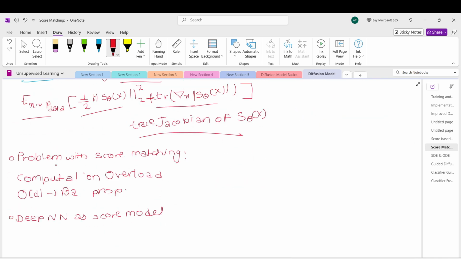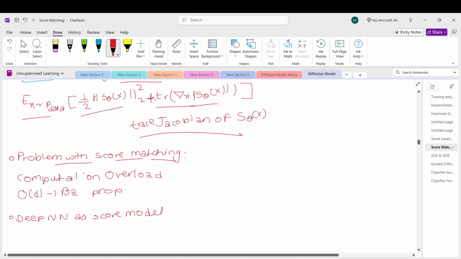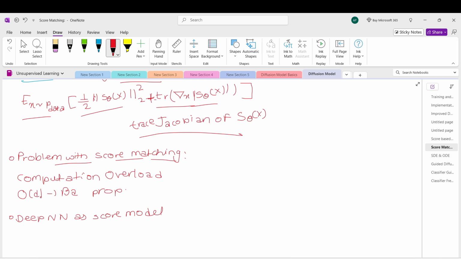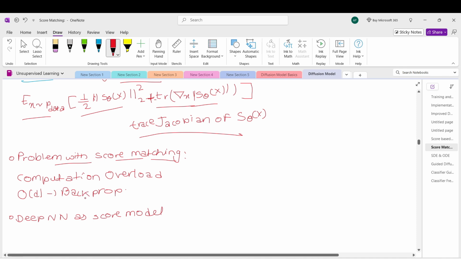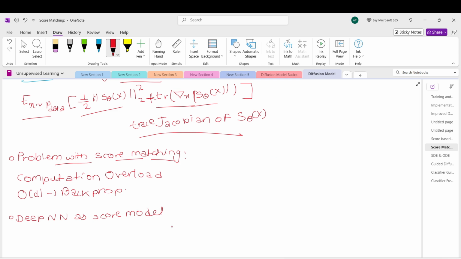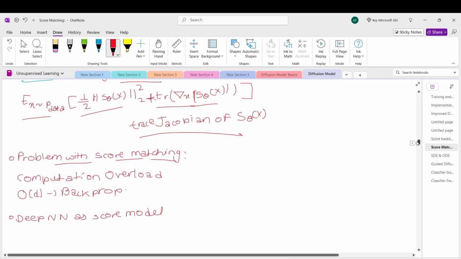The problem with this approach is that it is computationally overloaded, because as the number of dimensions grows, the back propagation step also grows. So this computation of the trace of Jacobian is highly computationally intensive. I have given some links below, in the references.